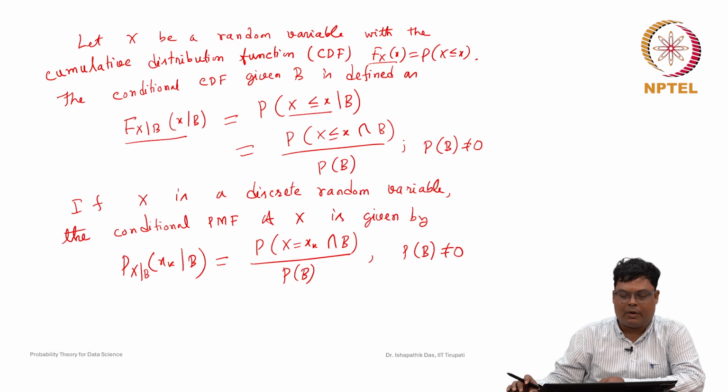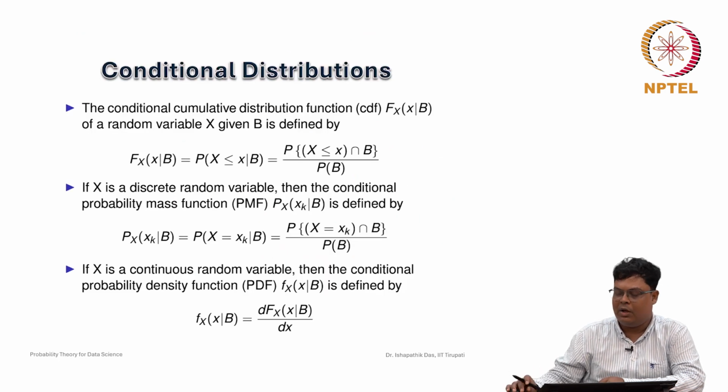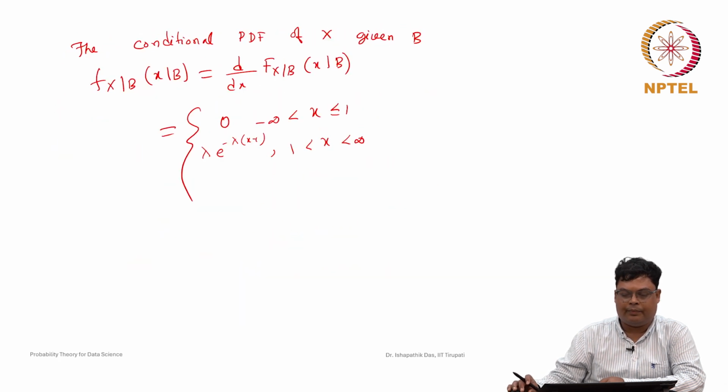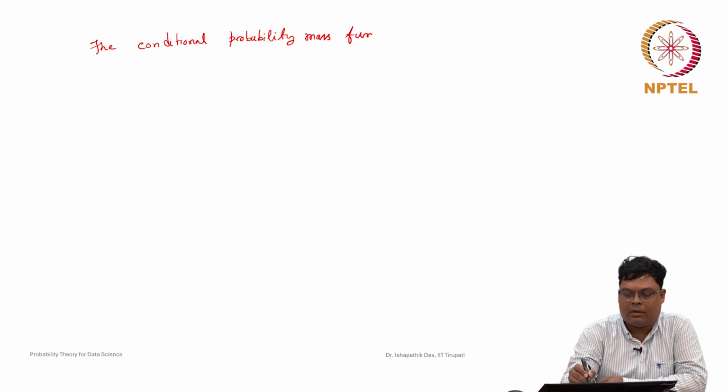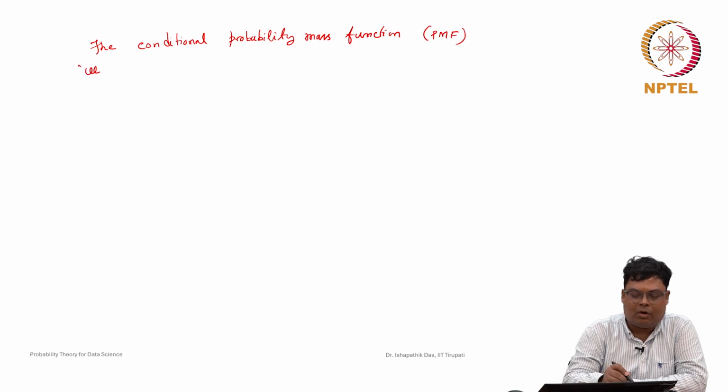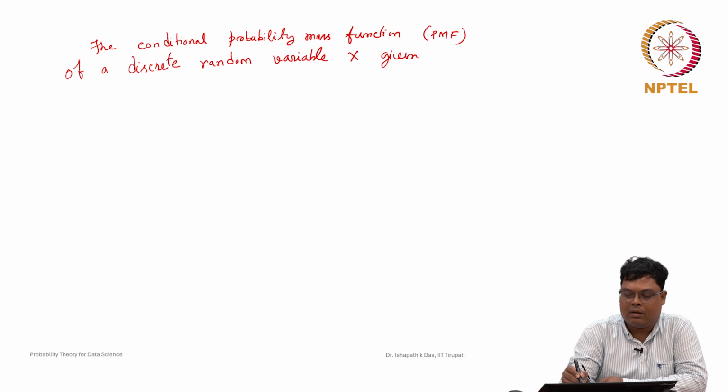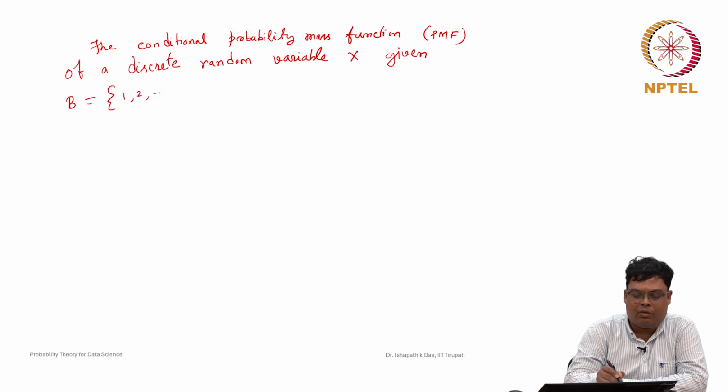So, recall the conditional probability mass function for a given random variable, a discrete random variable X given B, where B is 1 to n.